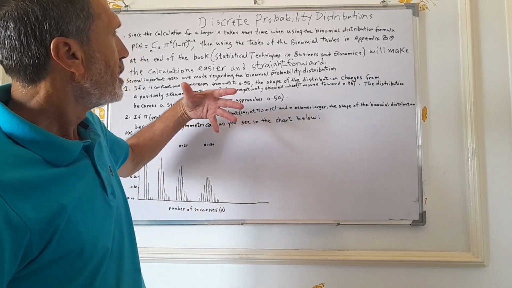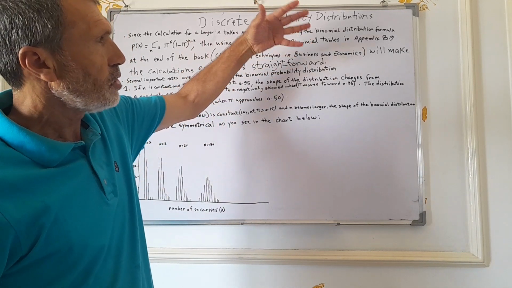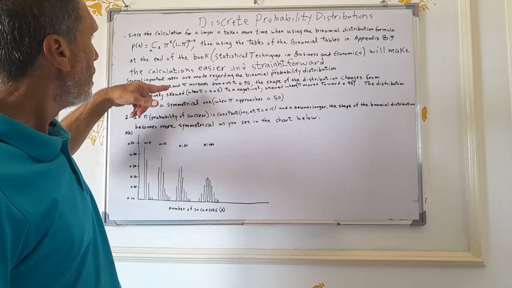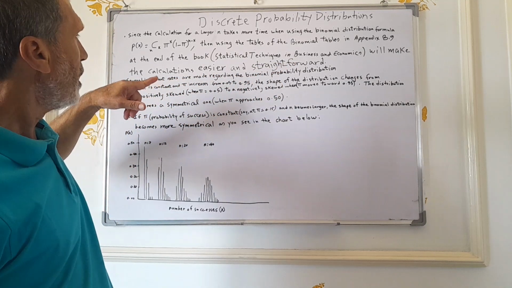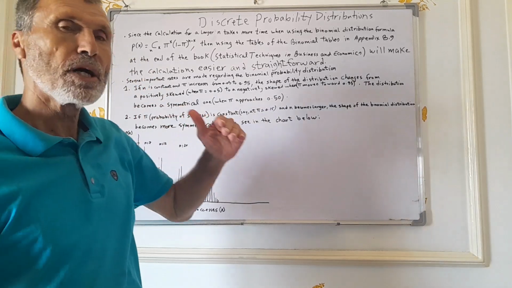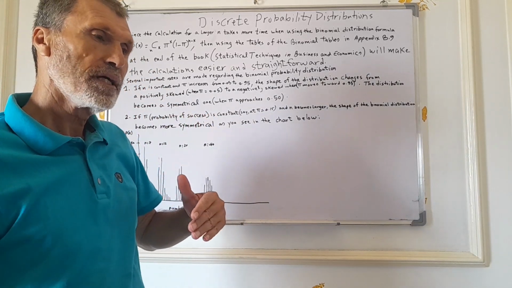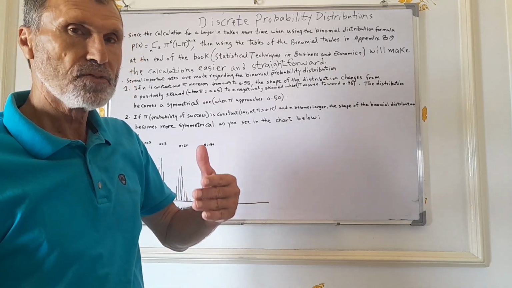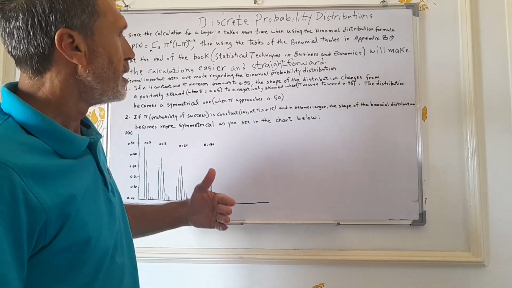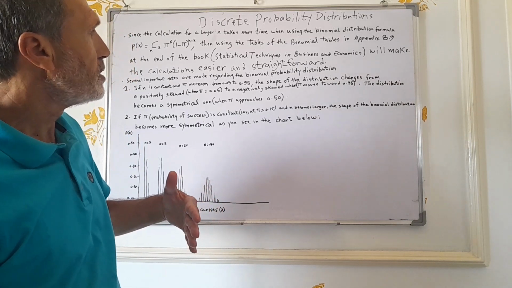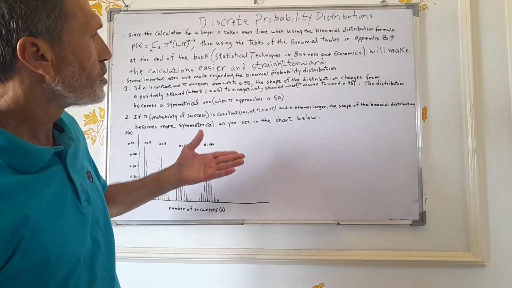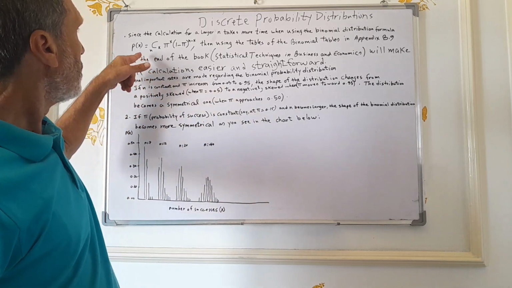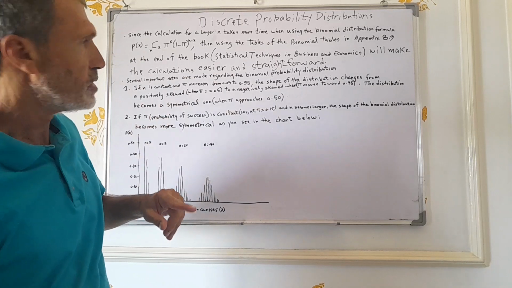Of course, the tables in this appendix are usually used to calculate the binomial distribution for different sizes of n, as we will see in just a few minutes when we solve some problems using either the binomial formula or the tables.